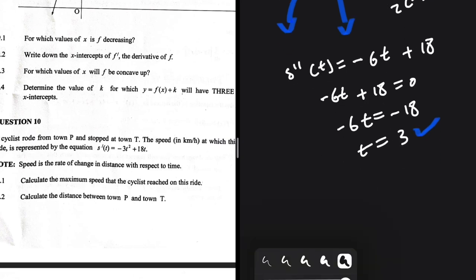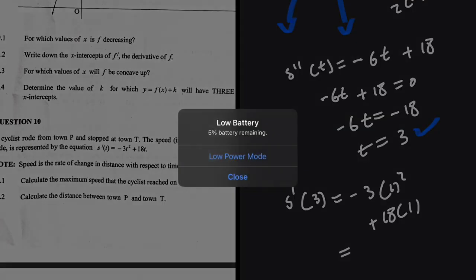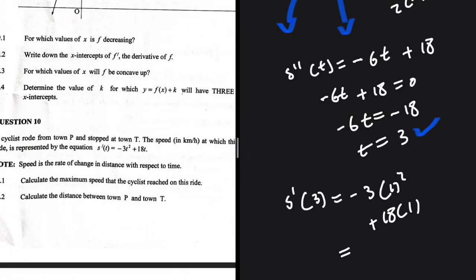But we need to substitute this time here and see what speed we get. So let me just substitute that: minus 3 multiplied by 3 squared plus 18 multiplied by 3.